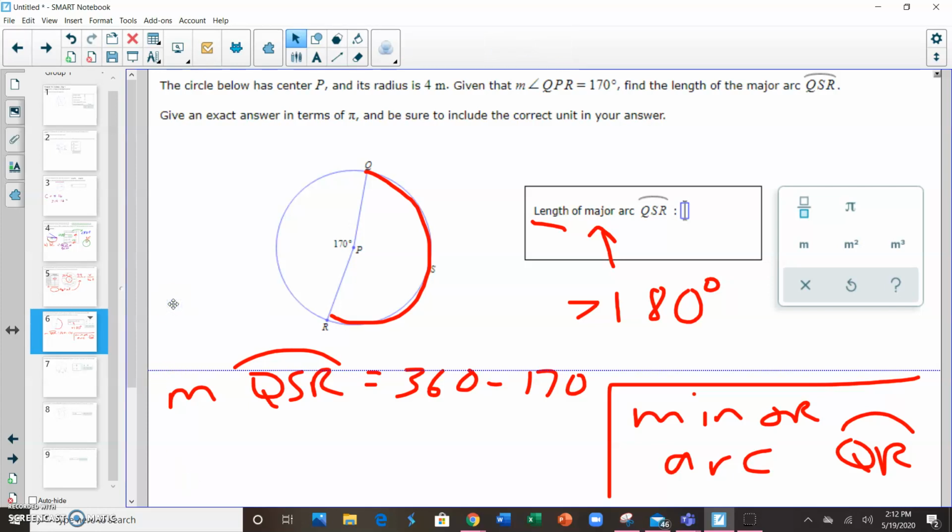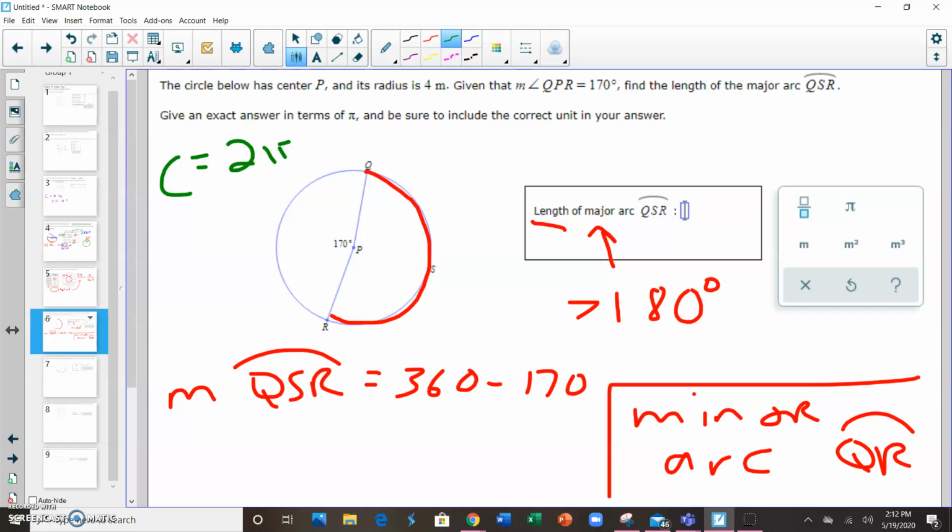Once again, we are going to set up a proportion to solve this because we can find the entire circumference of the circle. The circumference of the circle is 2 pi r, and we know the radius is 4, so we know the circumference is 8 pi.